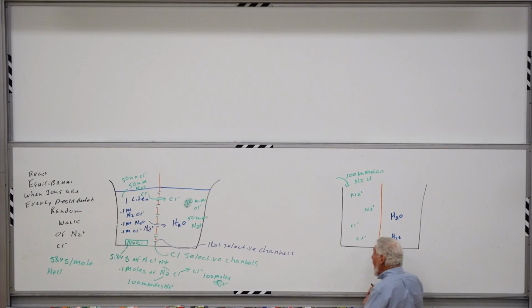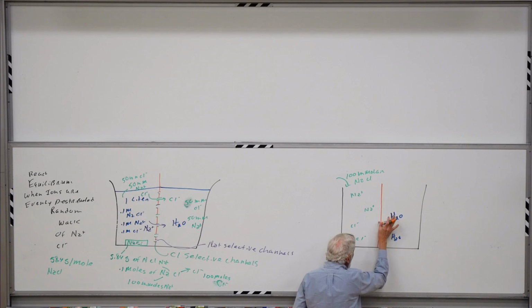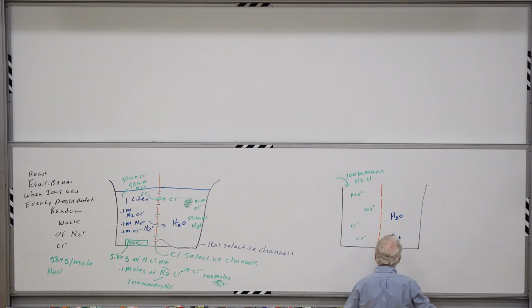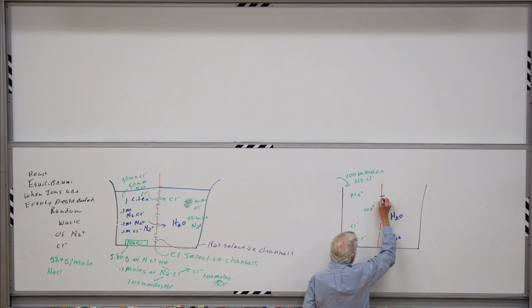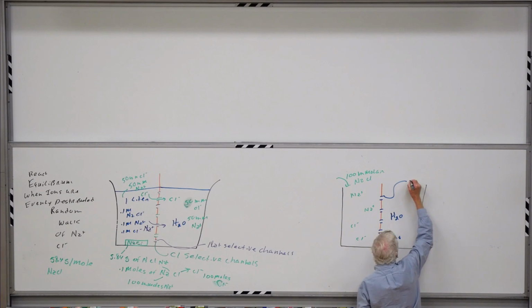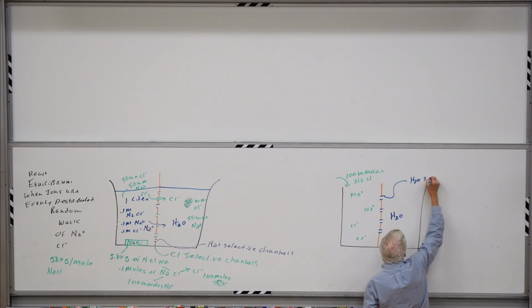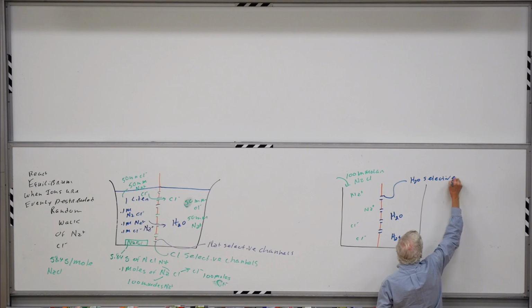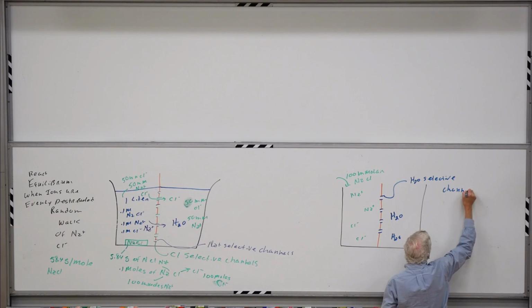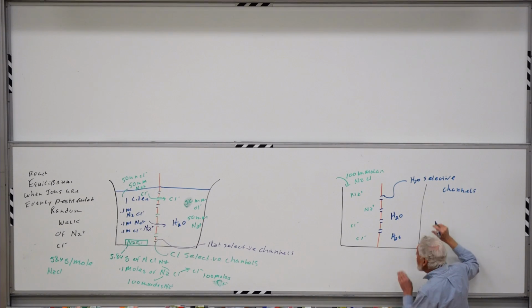But let's now imagine putting holes across this barrier. These are going to be a special kind of hole. These holes are now water selective channels. In biology, the water selective channels have a name.